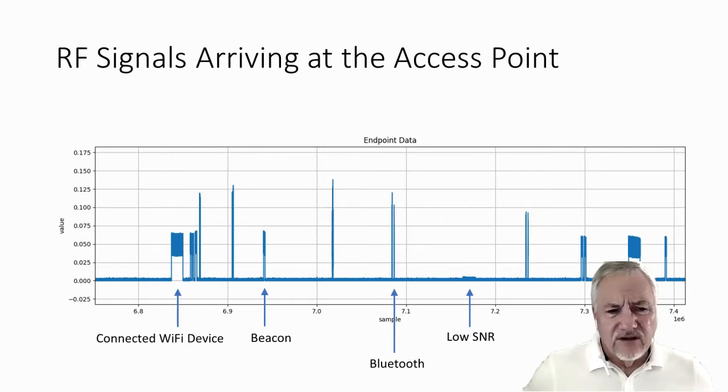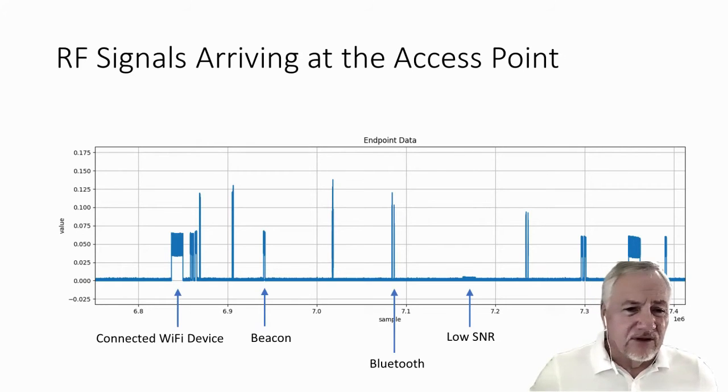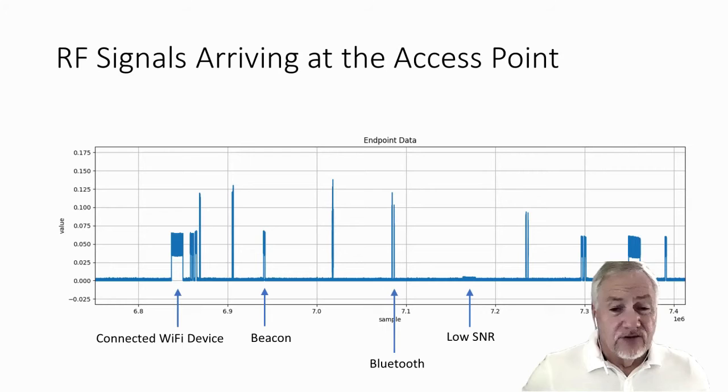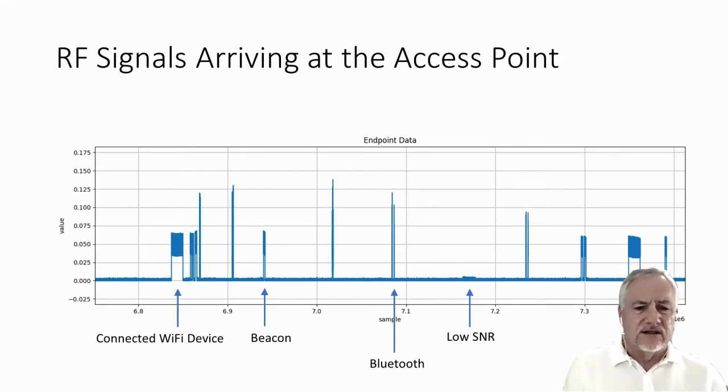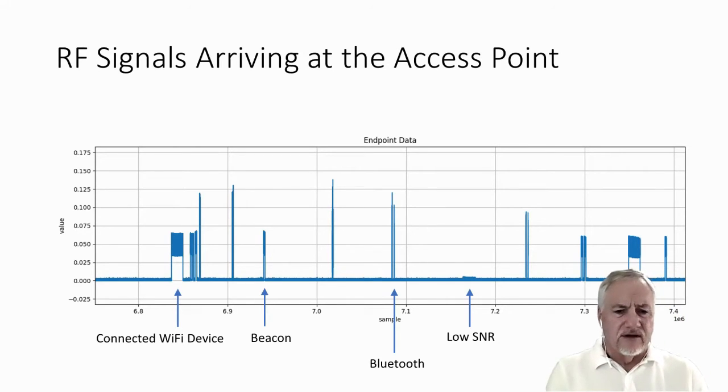We see one that looks similar to it, but is much more narrow to the right, which is probably the same access point sending a beacon out to introduce itself to other devices that may want to connect. And we see some that are very, very narrow. There's two side by side right in the center that are probably Bluetooth signals.